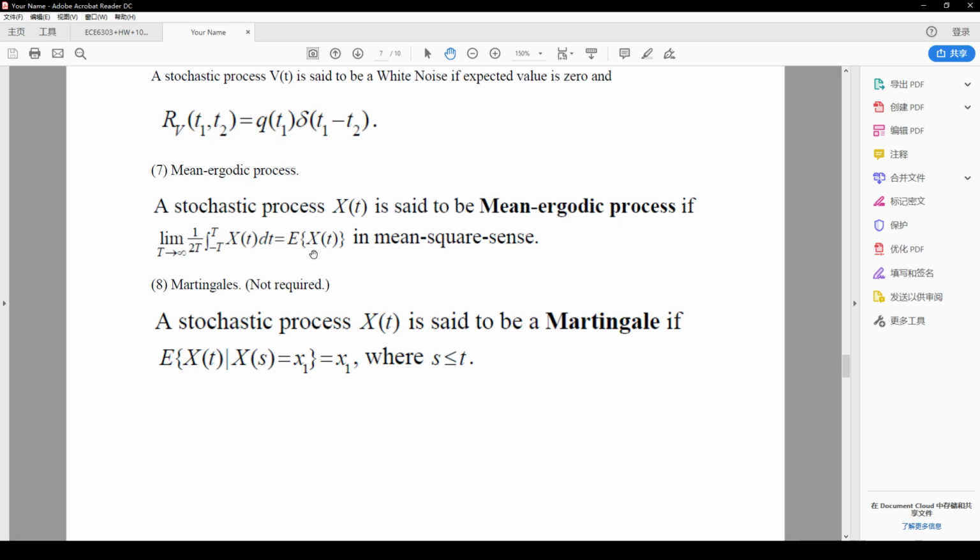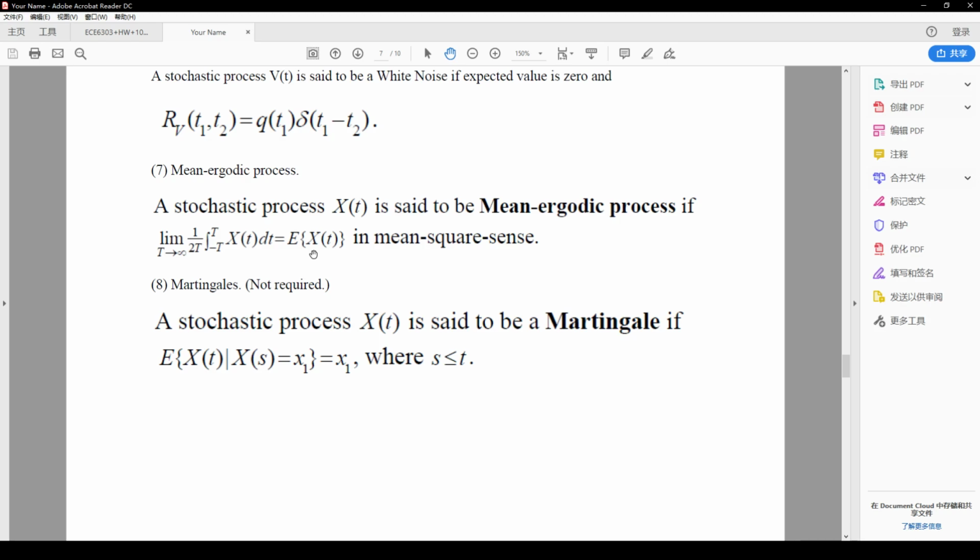Actually in this part we need to figure out the mean value, and if the mean value is not constant, then the process cannot be mean ergodic.